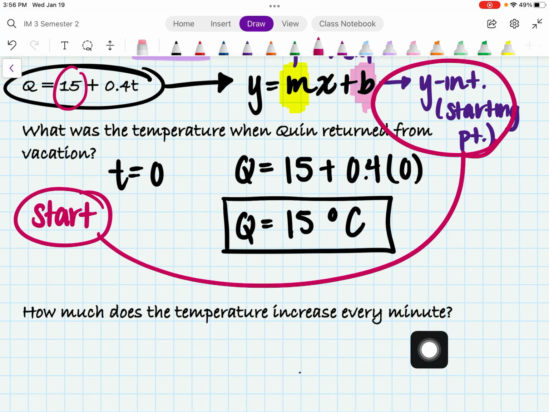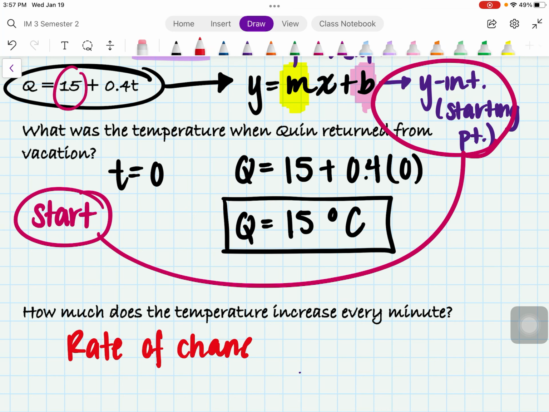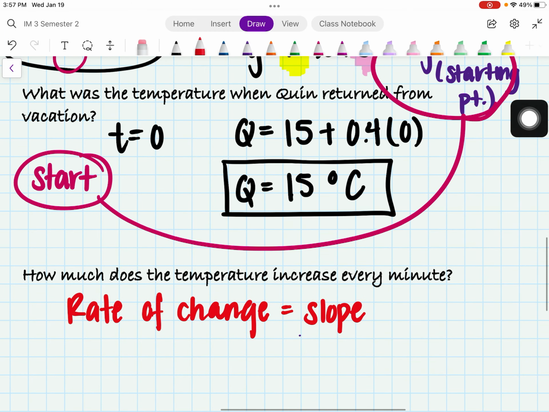The next question says, how much does the temperature increase every minute? Here, they're asking us for the rate of change. We did say that rate of change equals slope, and based on the equation we have here, we know that slope is m.